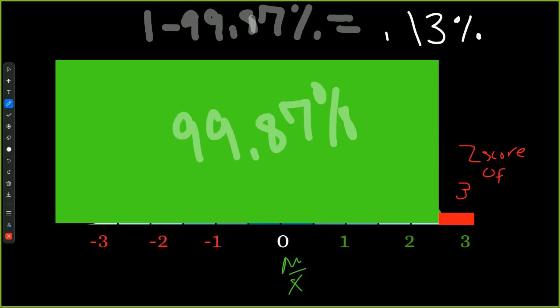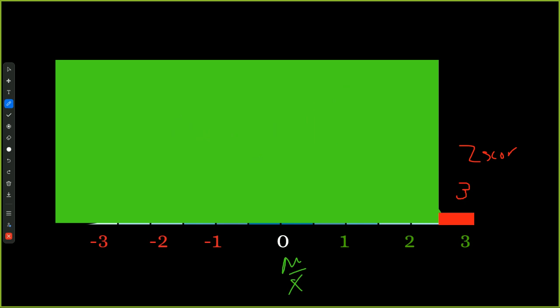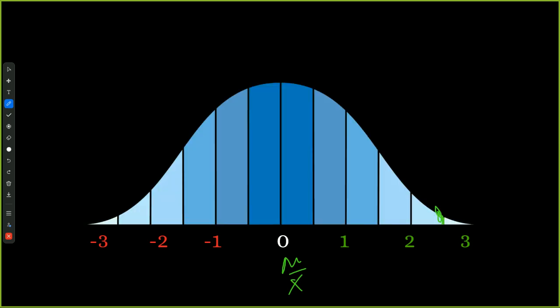We'll look at another example here, as we can use a z-score to determine variability in our process as well. Let's say I have a z-score of, let's say, 1, right?